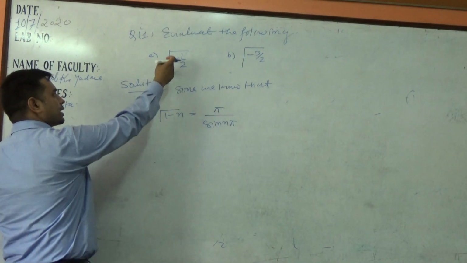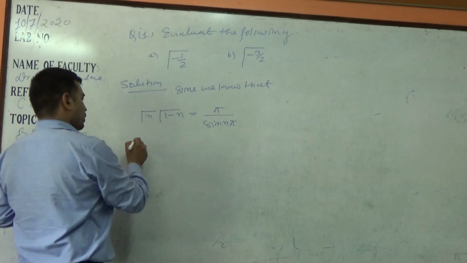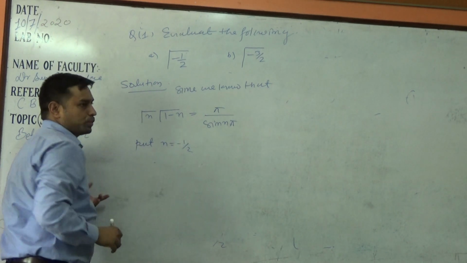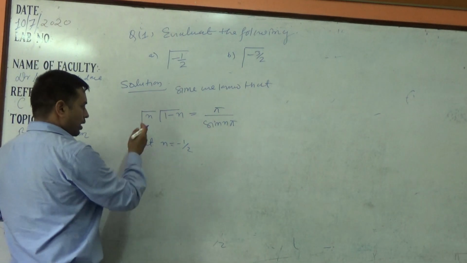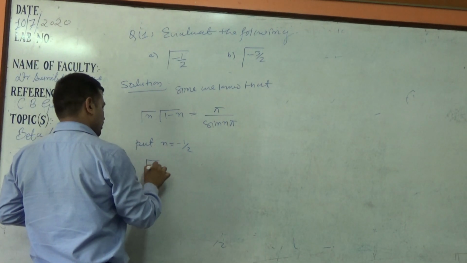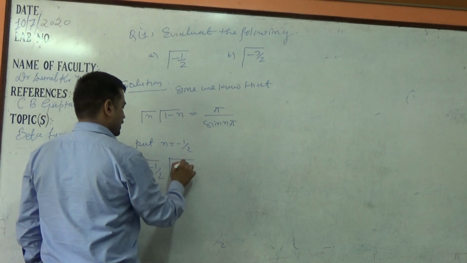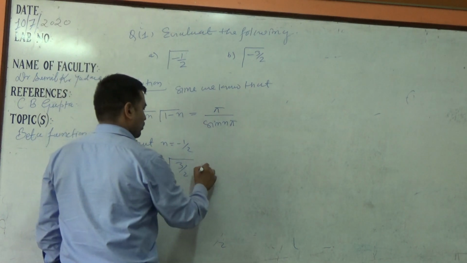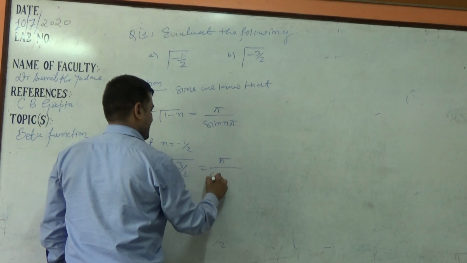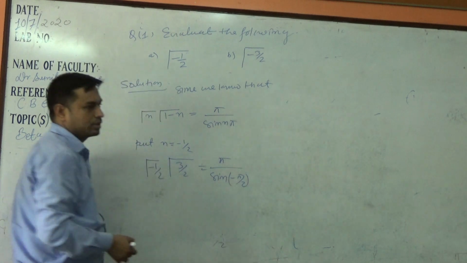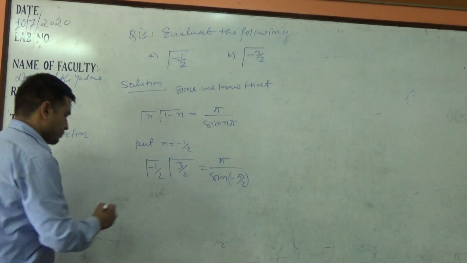In order to get gamma minus 1 by 2, we put n equal to minus 1 by 2. Then this formula will be reduced to gamma minus 1 by 2 into gamma 3 by 2 equal to pi upon sin of minus pi by 2.